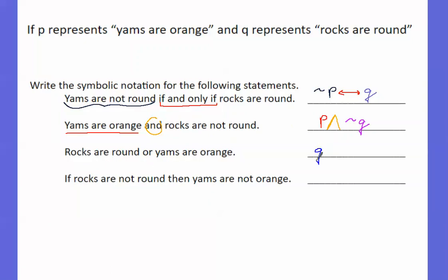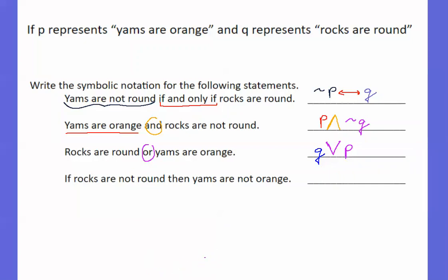Well, that's Q. Or, again, my word or here is going to be the upward facing V. That's going to be what the word or shows up as. Yams are orange. Well, that's going to be what P represents.